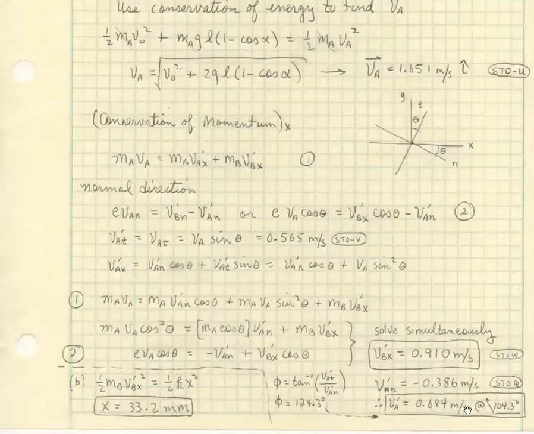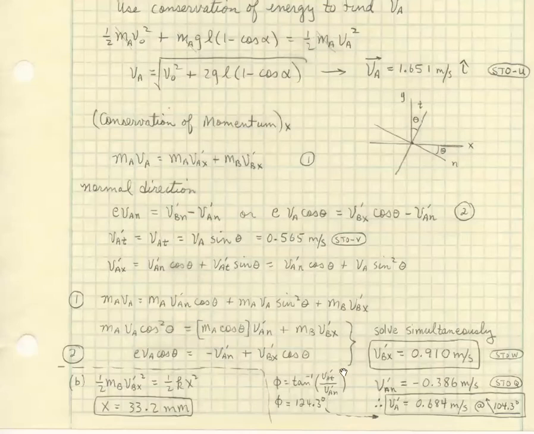The next thing we got to do is find out what angle it is. Well, if we look at the VA tangential prime, it is off in this direction. I'm sorry, VA normal prime is off in this direction because we've got a negative value for it. And tangential is off in this direction.